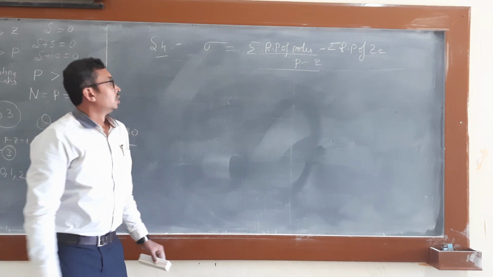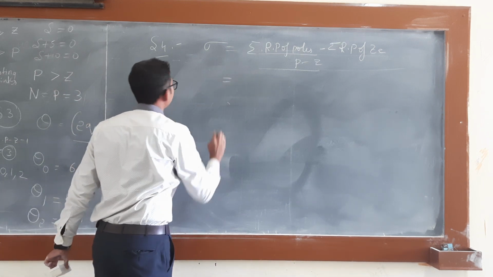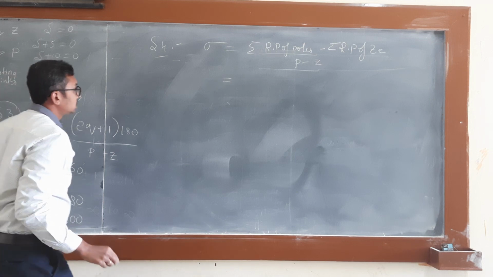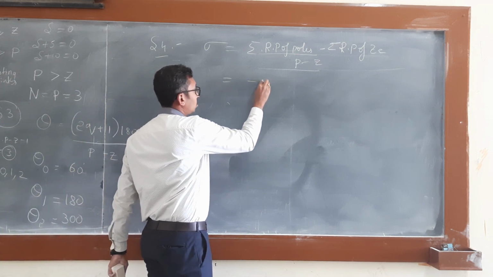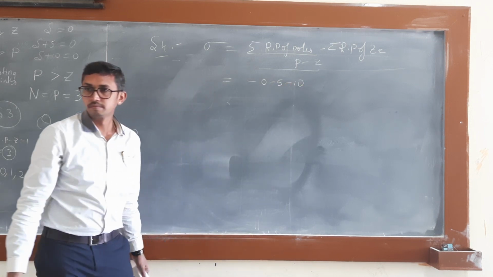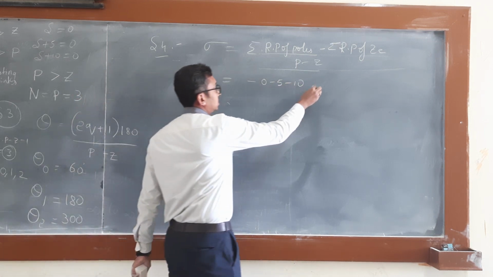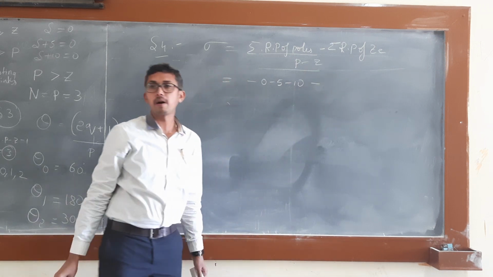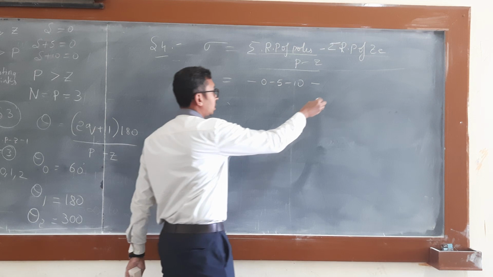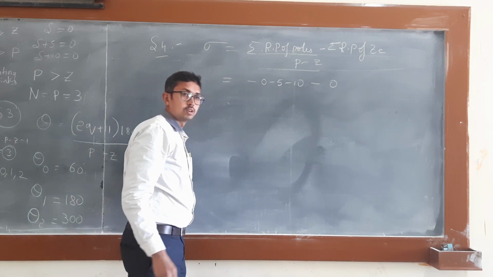Correct? So what is the summation of the real parts of the poles? We have poles 0, minus 5 and minus 10. So summation 0, minus 5, minus 10. Correct? Minus summation of real part of zeros. How many zeros do we have? We don't have any zeros, therefore it will be 0.